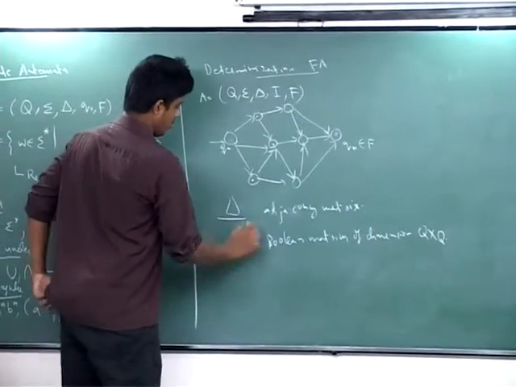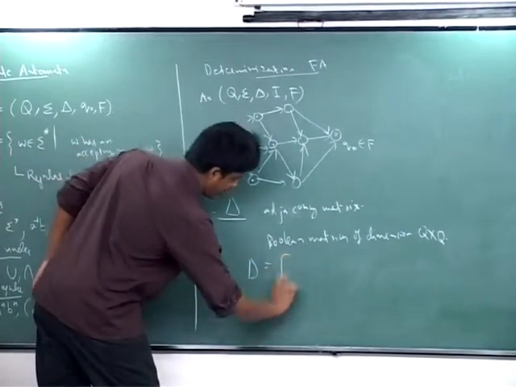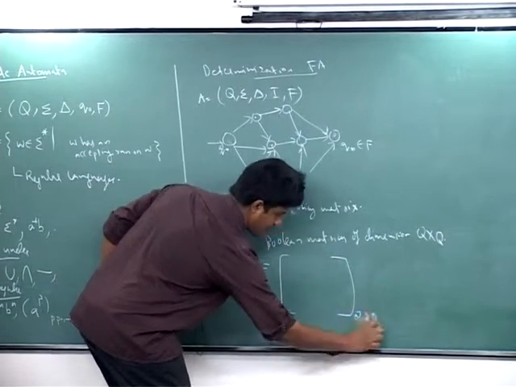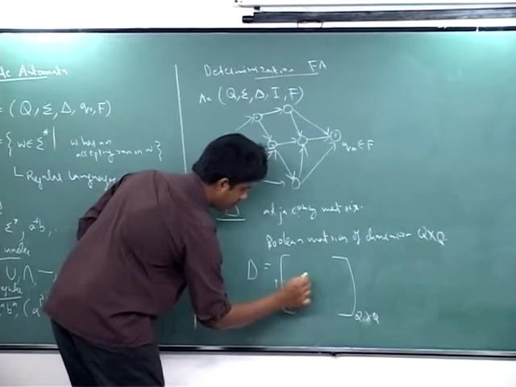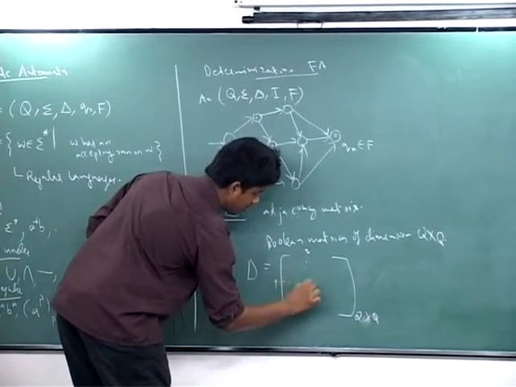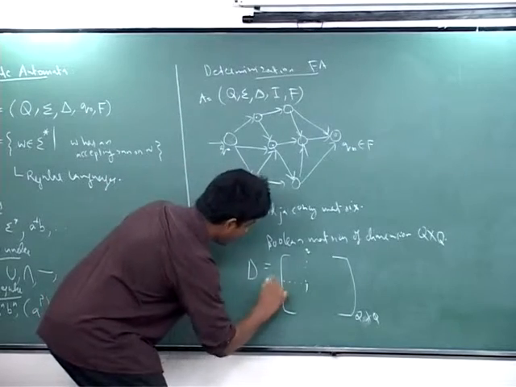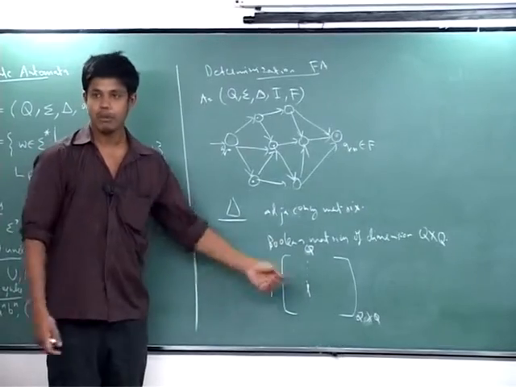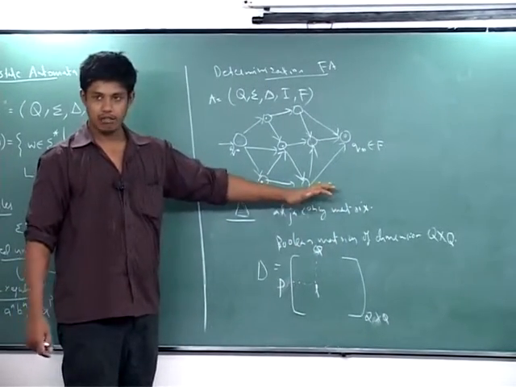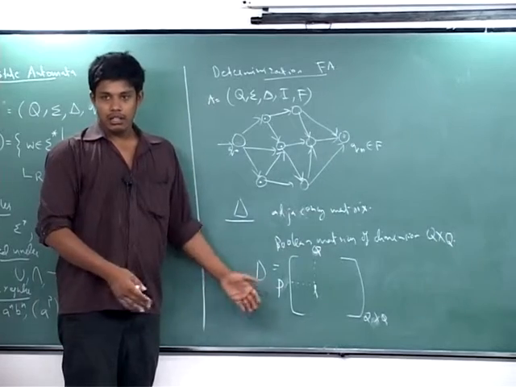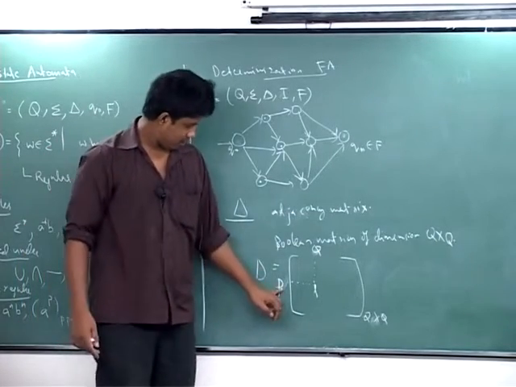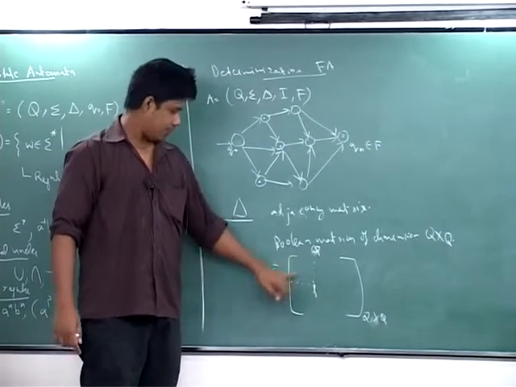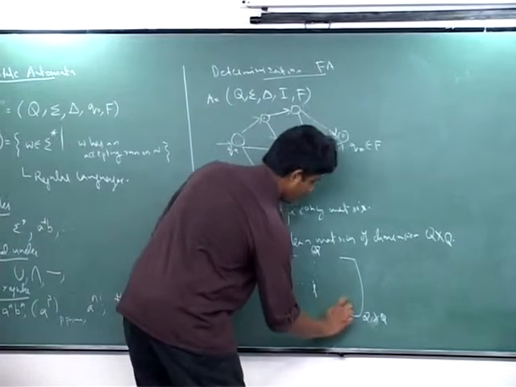So we can represent delta as a matrix Q by Q such that the entry PQ is 1 if there is some transition from P to Q, because it's a directed graph, so the adjacency matrix need not be symmetric. Otherwise it will be 0.